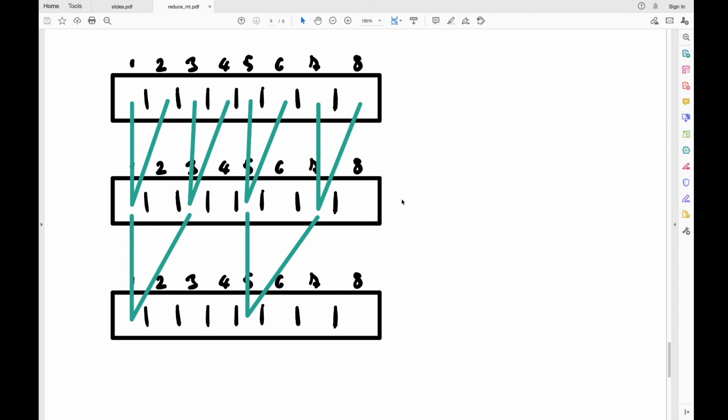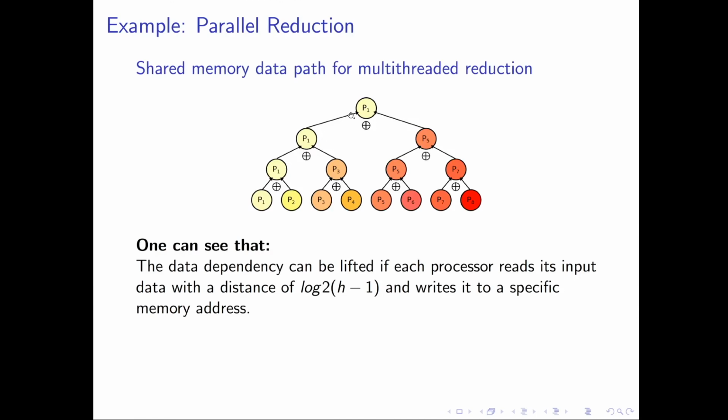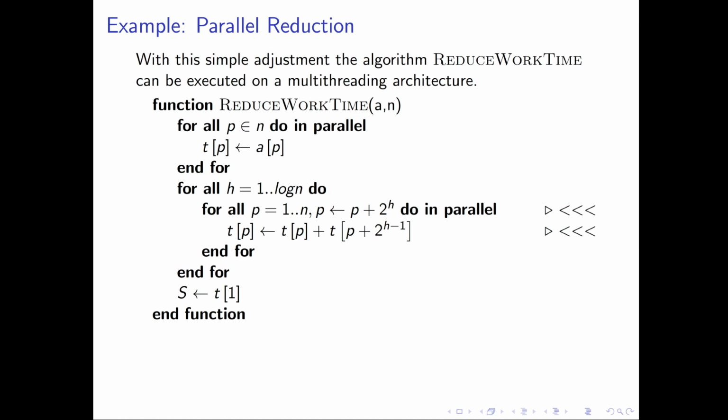And now with a slightly adapted memory access pattern, we can guarantee that there are no data races, even if the underlying machine model wouldn't make the assumption that execution is performed in lockstep. This colorful illustration shows the very same thing, but with regard to processor assignments in a PRAM model. What you basically have to do is double the distance each time you go to the next iteration when you iterate over that binary tree.